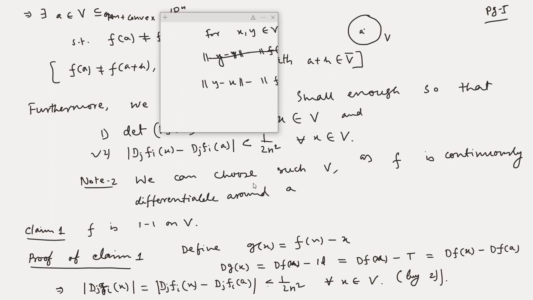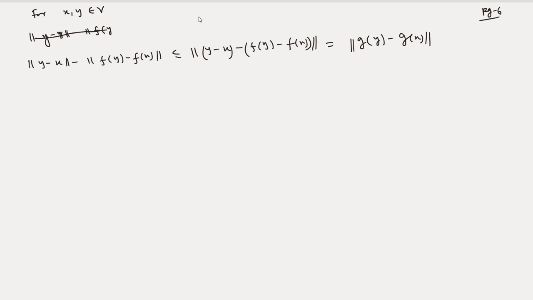So now here we use the lemma we have already proved. By lemma 1, this is less or equal to 1 over 2n squared times n times norm of y minus x, where the factor n comes from lemma 1.